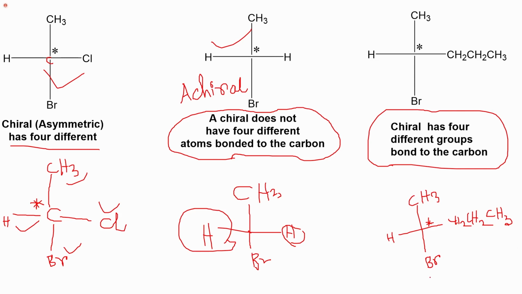One is the methyl, one is the CH2, CH2, CH3, different from the CH3 group, another atom is the bromine, and another atom is the hydrogen. So that means four different groups. So this molecule is a chiral molecule because it has four different groups bonded to the carbon atom, right?